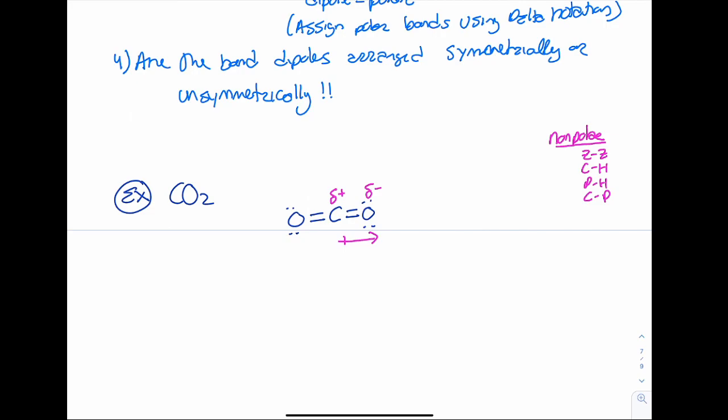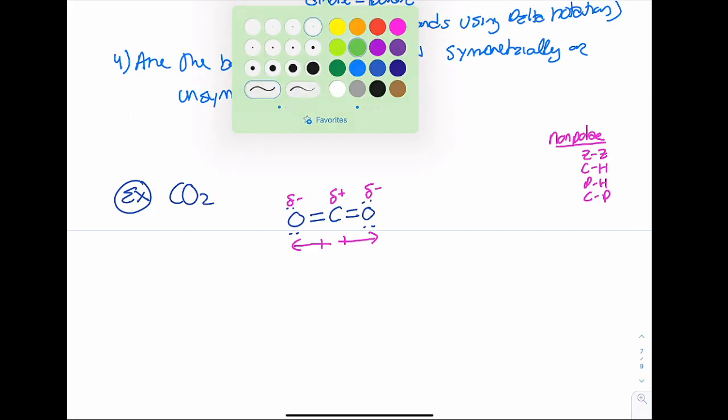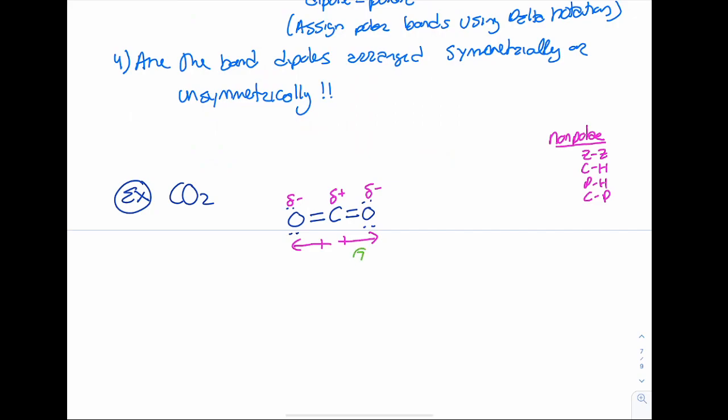I have another carbon-oxygen bond on the other side. So oxygen's still more electronegative than carbon. So those are being pulled 180 degrees, in the opposite direction of the others. These do have numbers, I'm just making up numbers, but if this was a 7, then this was a -7 because it's the complete opposite direction, and they would cancel each other out, right? My 7 and my -7 would cancel. So this is actually a nonpolar molecule.